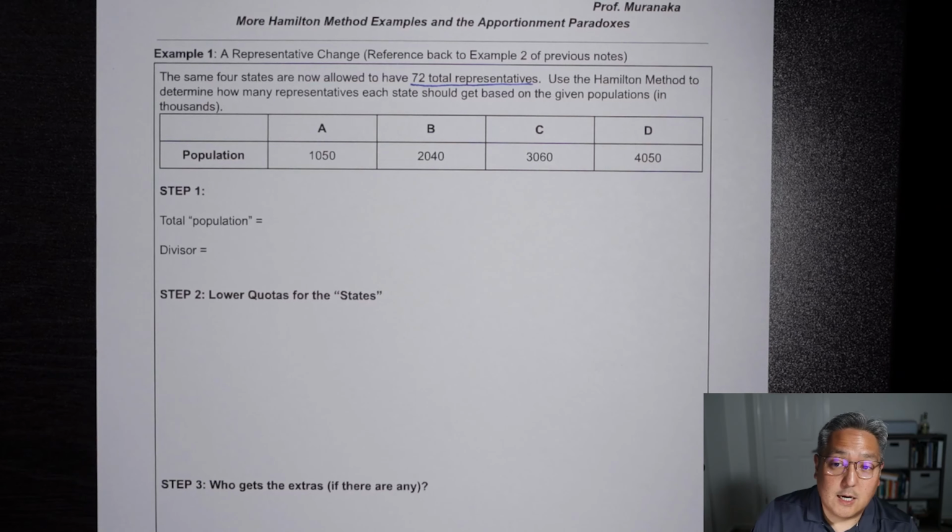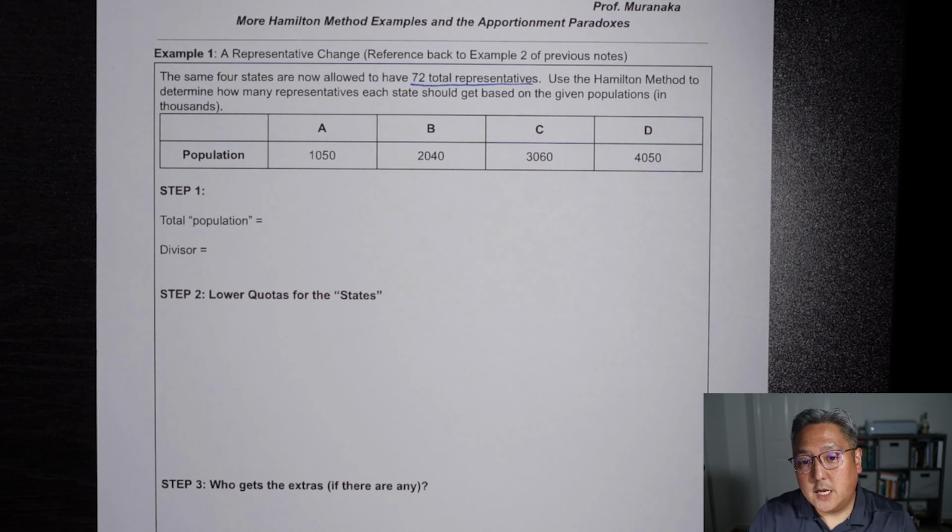In real life, this mirrors the government saying we're going to go from 71 up to 72 representatives, adding a representative to the House of Representatives. So we just change that number and go through the Hamilton method.